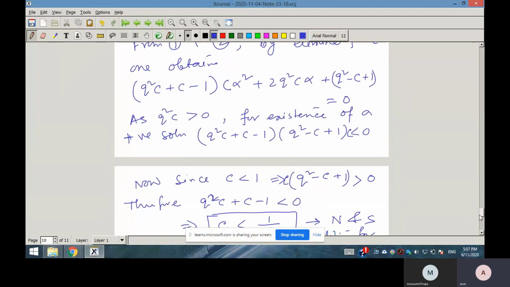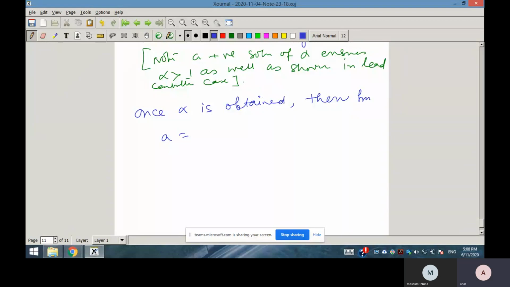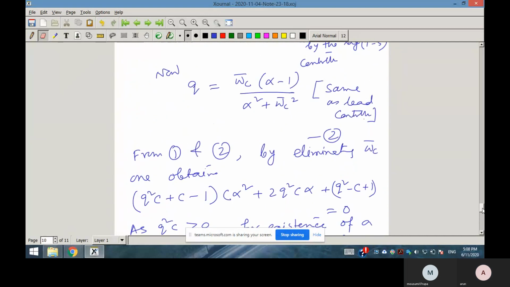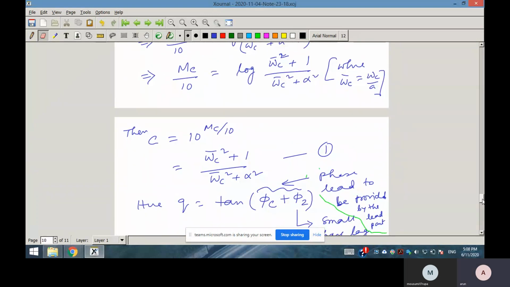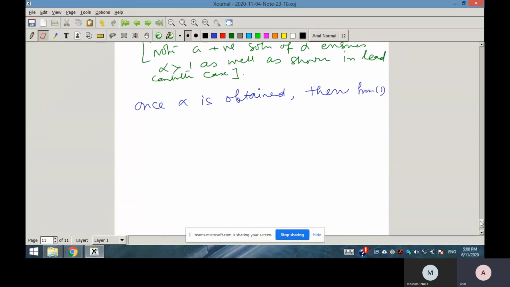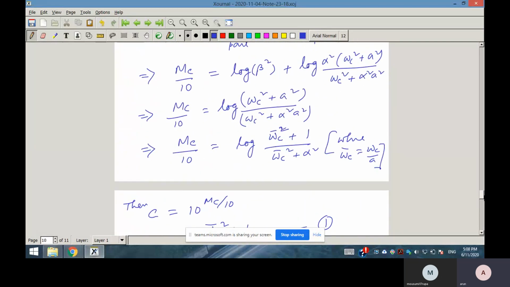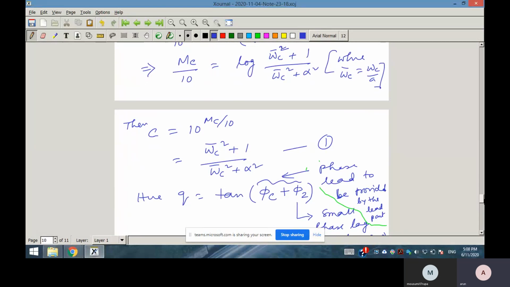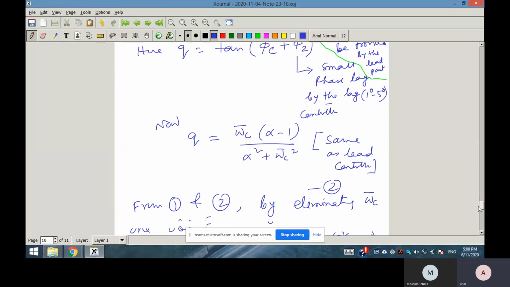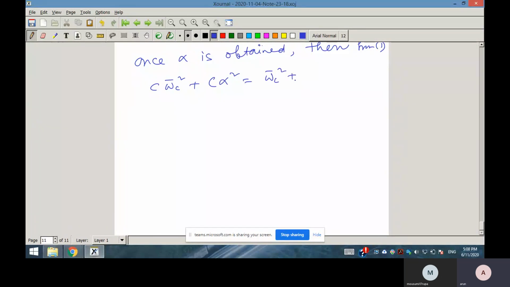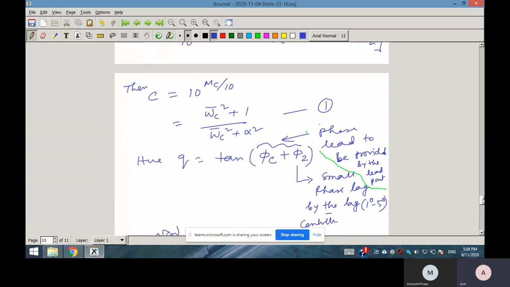So from 1, a will be equal to: from 1, c omega bar square plus c alpha square, c into omega c bar square plus c into alpha square, equal to omega c bar square plus 1.